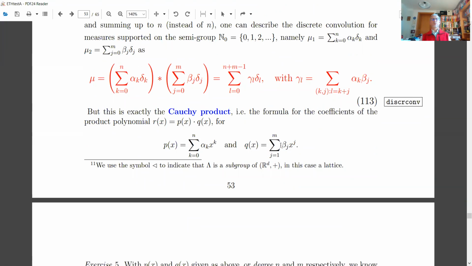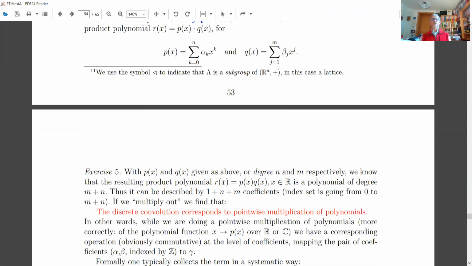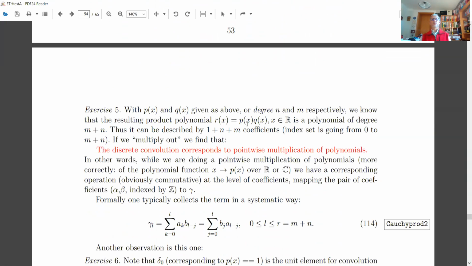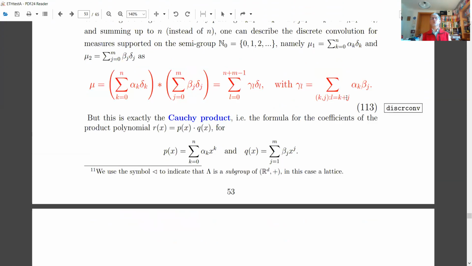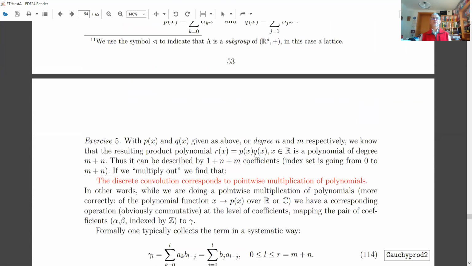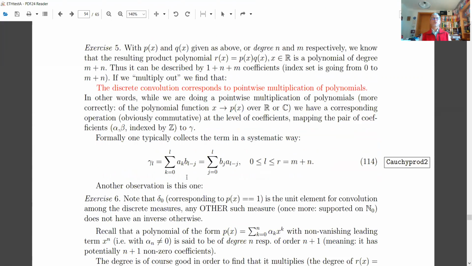And you have another such polynomial, and if you multiply out, so you take the product polynomial r of x equals p of x times q of x, then it's like multiplying out. You write all the possible products, and then you sort them according to which exponent they belong to, and that's exactly this rule. You're pairing these products for those who add up to the exponent x to the power L. So you see, we are writing r of x as a polynomial with coefficients gamma.